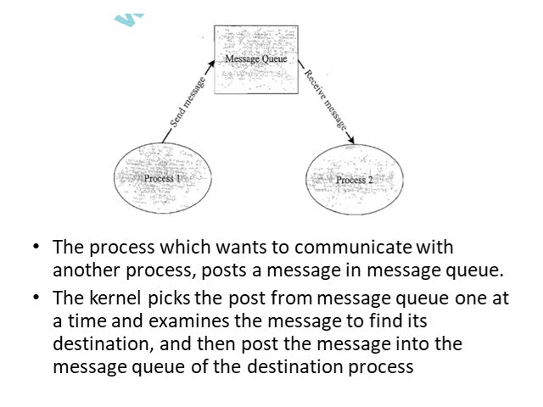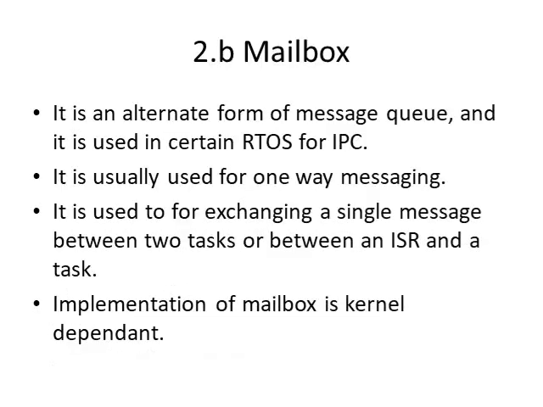Based on the send command, it understands that the destination process is process 2, and then the kernel posts the message from the message queue to process 2 when process 2 makes a receive call. So this is about the message queue.